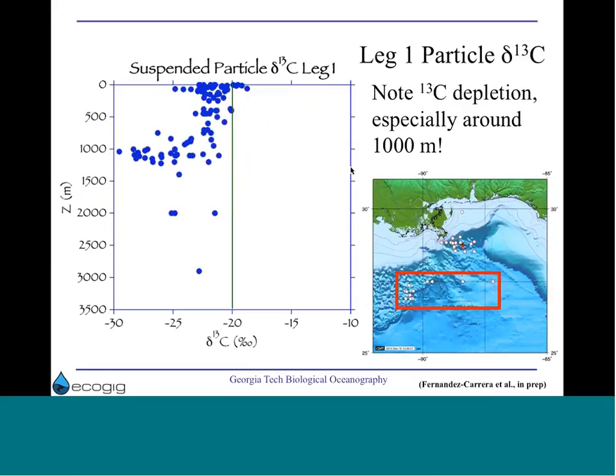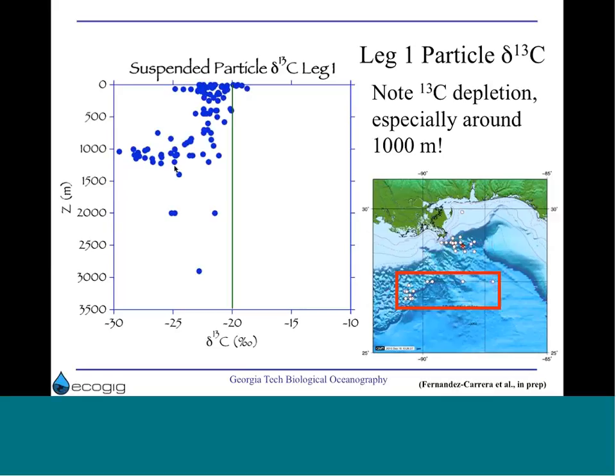Further afield, when we look at these stations that were actually 100 or more nautical miles away from the wellhead, we see a very different pattern. In fact, we see a pretty uniform offset towards lower delta C13 values throughout the water column, with a few exceptions. We see that surface signature still, but now we see very, very clearly a deep signature that is consistent with oil and gas moving into the food web.